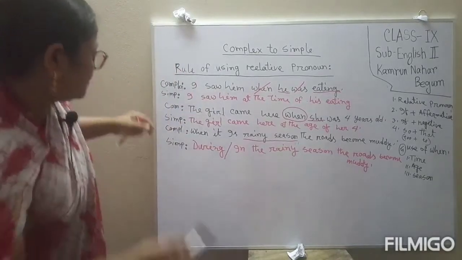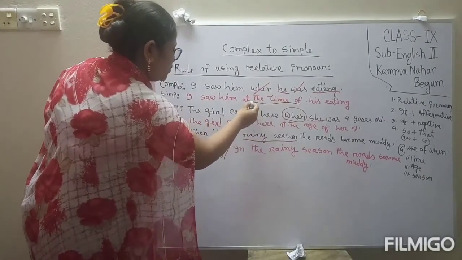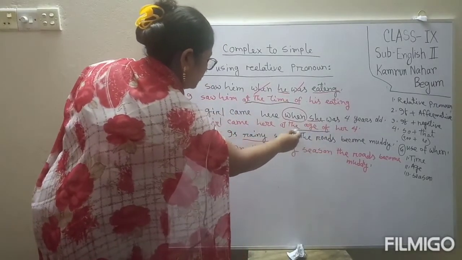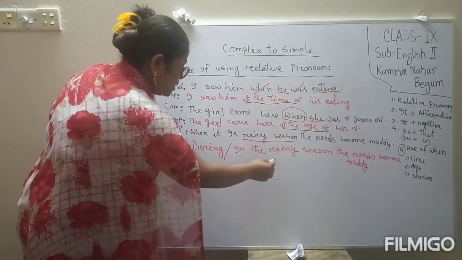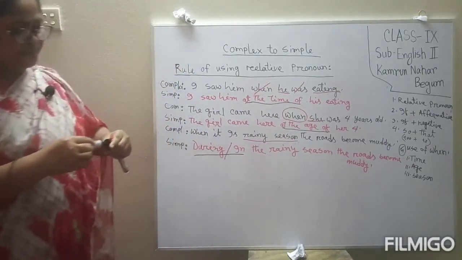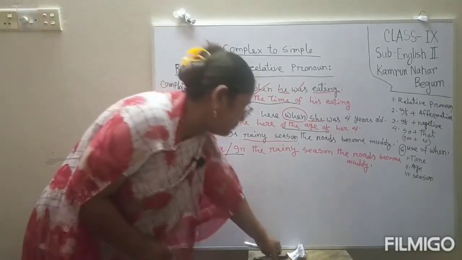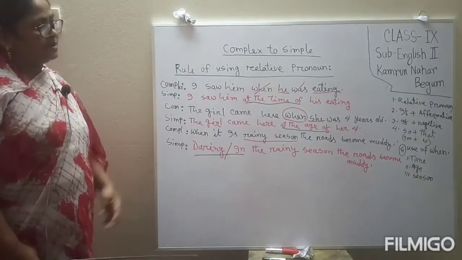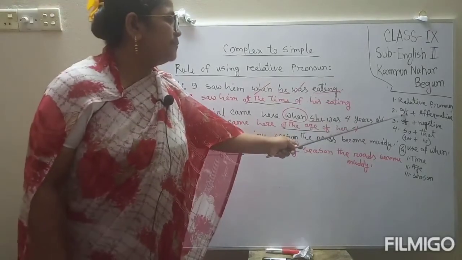And if when mentions age, then we will write at the age of. And if when mentions the season, then we will write in or during. Okay, dear learners, I think you have understood it clearly.